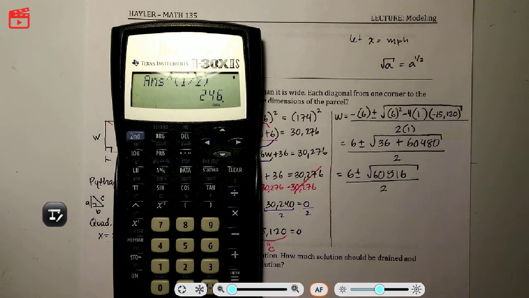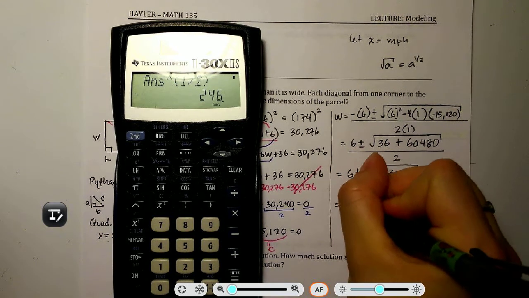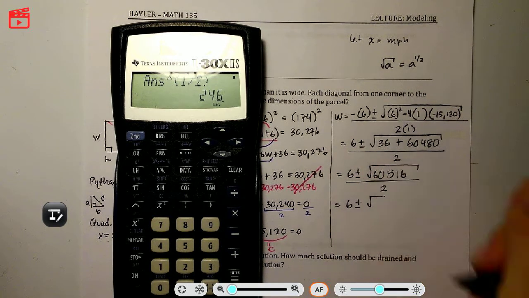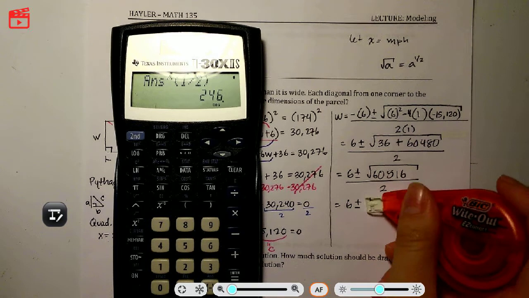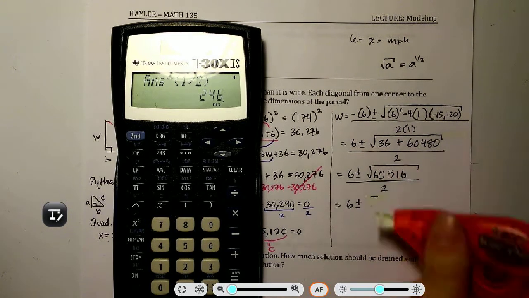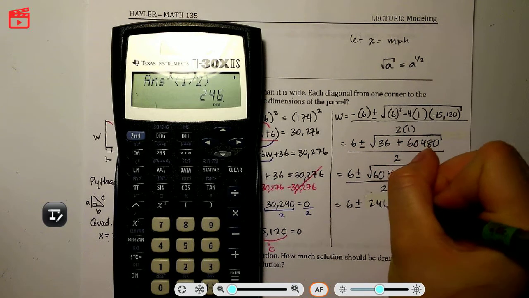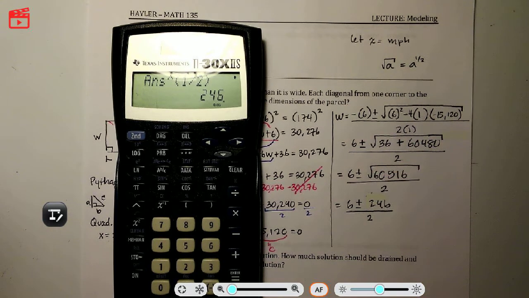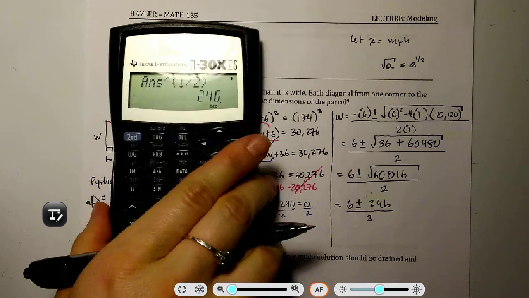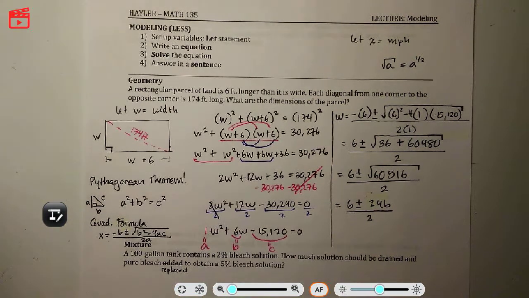And what do we get? 246. Hey, that's a nice number. Okay, so equals 6 plus or minus the square root. Oh, no, we just got rid of the square root. Plus or minus 246 divided by 2. Hey, not too bad. Okay, last step, we're going to split this up into the plus and minus case.